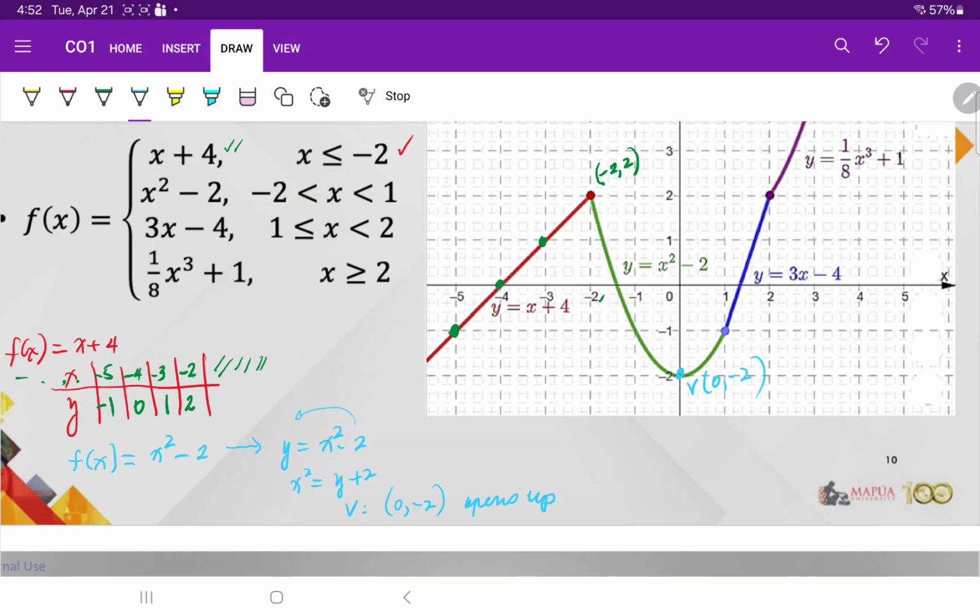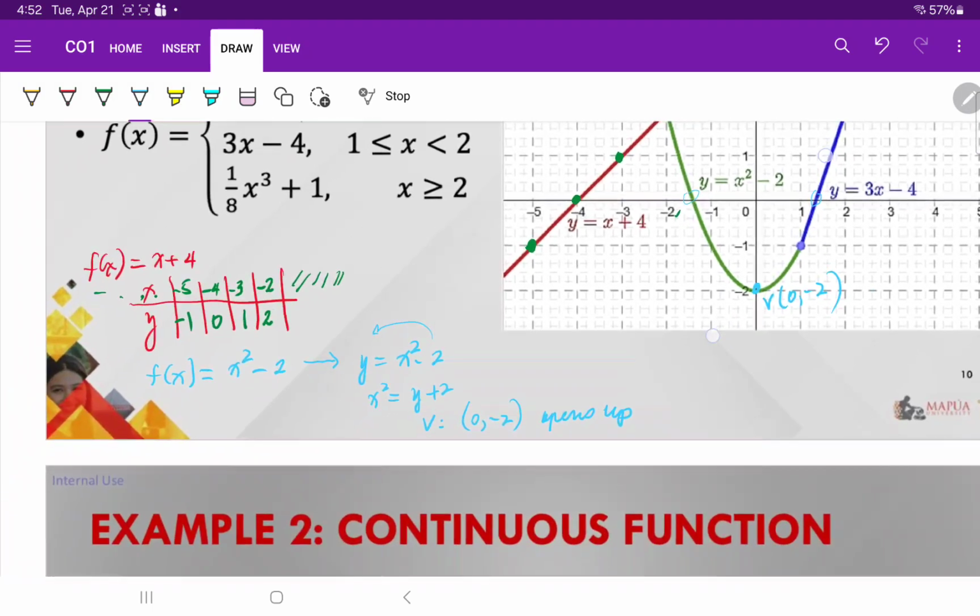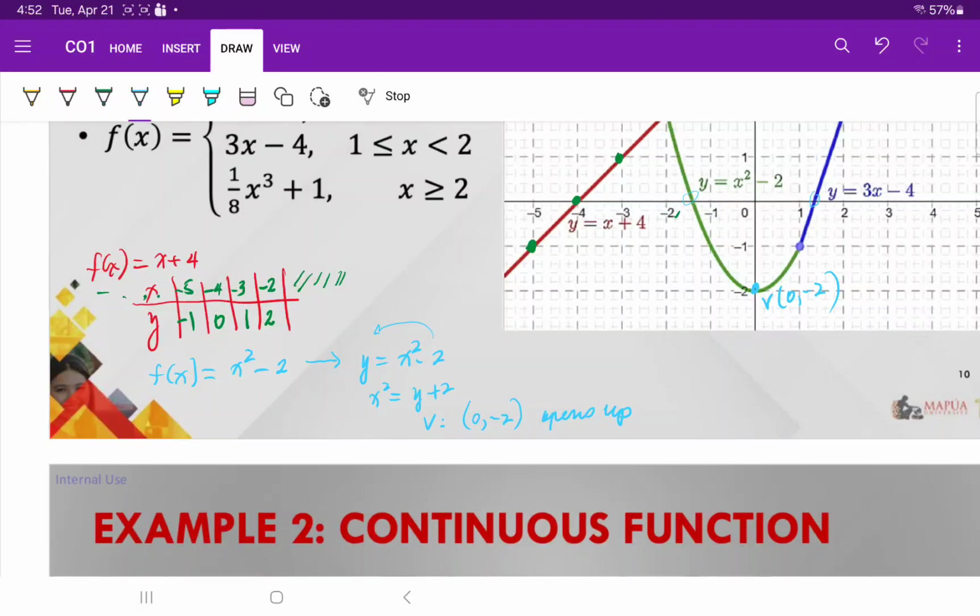Now again, you have to solve for other points here. So you can also solve for the x-intercept. But as I've mentioned, you can use the point plotting system. You substitute values for x and solve for y. And what will you substitute for x?